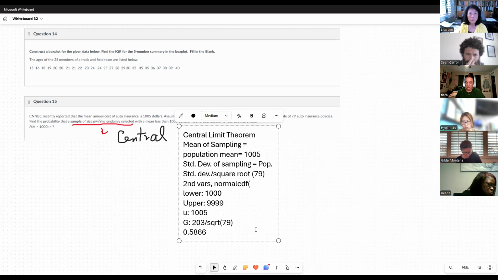If it's less than, that means going to negative infinity, so you need to add the minus sign in the parenthesis for your lower bound. And if the question is in between, that's easier: you can just type in the lower bound and the upper bound. For this one, we should do it this way to get it done.